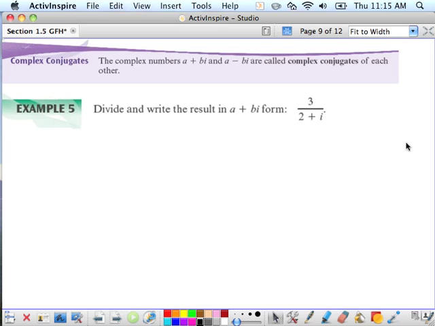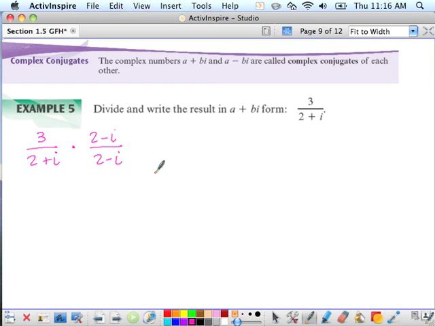And because it's a binomial, the only way to do that is to multiply by the conjugate. So if we look at 3 over 2 plus i, we will multiply top and bottom by 2 minus i. And then we will distribute the top and the bottom.